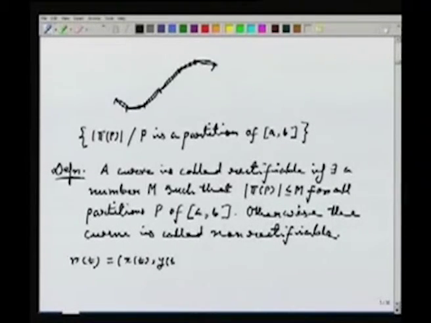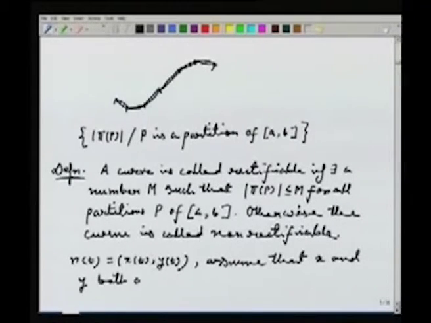I will put some condition on x and y. These are the good curves I would like to deal with because I don't want to face some weird curves. Assume that x and y both are continuous functions of t.